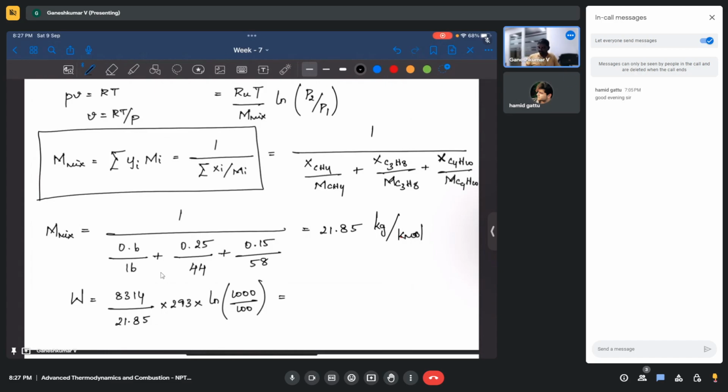What is that coming out to be? So it's 0.257 megajoules. I think it should be per kg, right? Yeah.